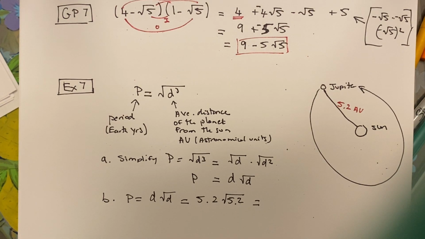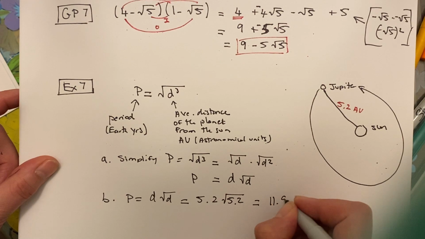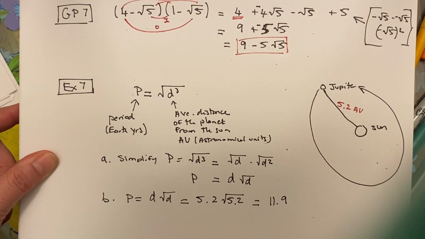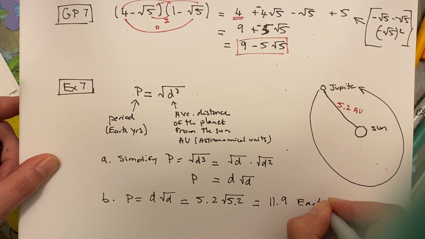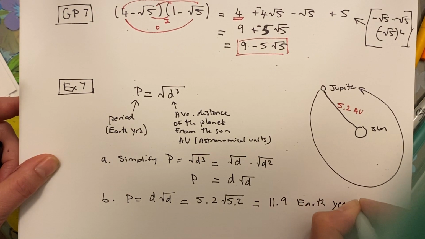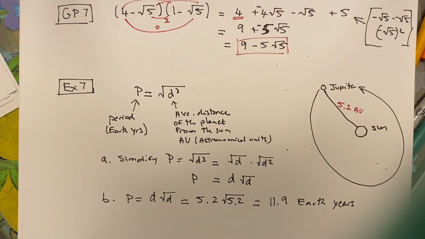And when I work that out, it is approximately 11.9, and we know that periods are measured in Earth years. In other words, it takes Jupiter about 11.9 Earth years to go around the sun.